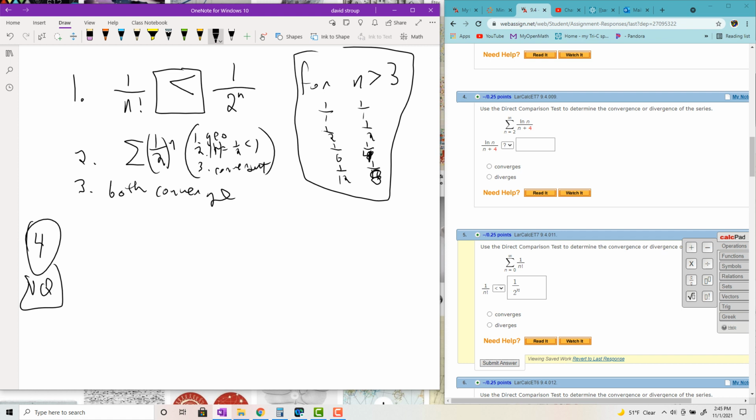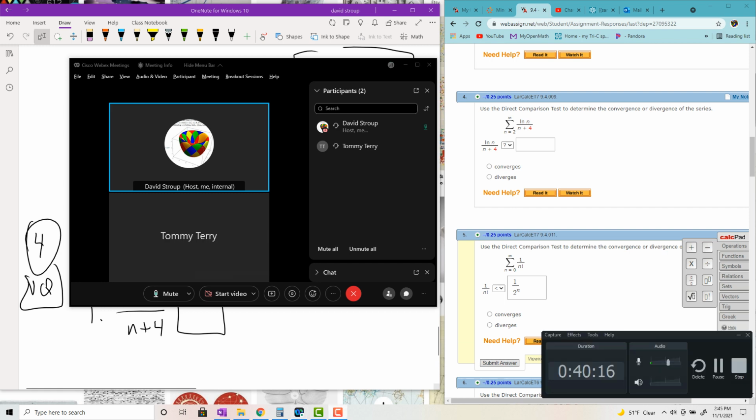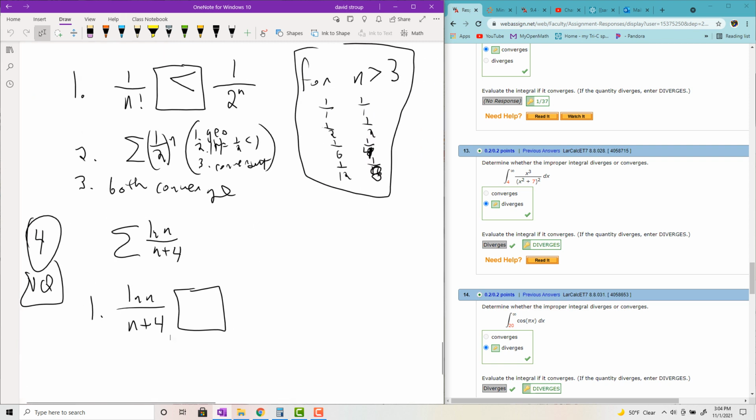Okay, so 9.4, number 4, we have a series of ln of n all over n plus 4. So I want to compare this thing to something. We want to compare this thing, and it's a little bit different than just getting rid of the 4 in the denominator, or maybe adding in another n instead of the 4.